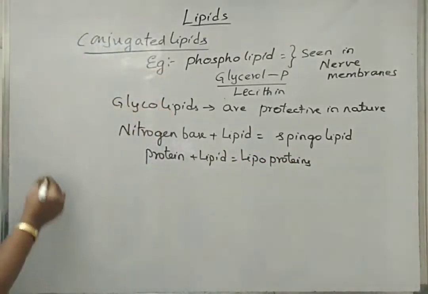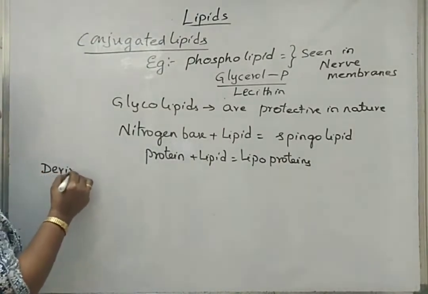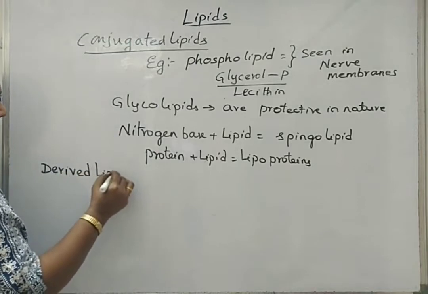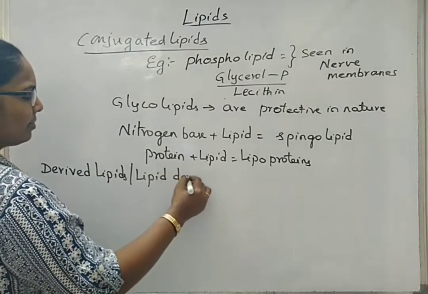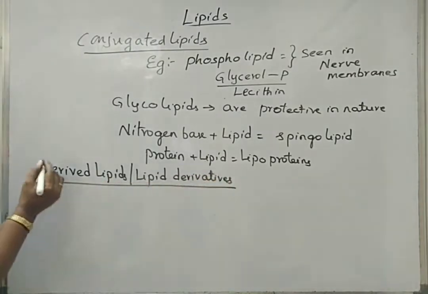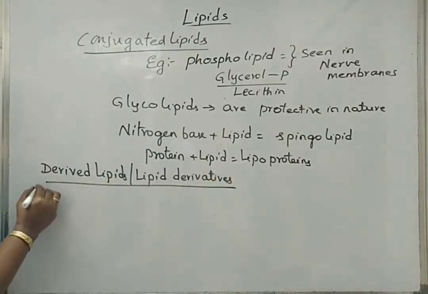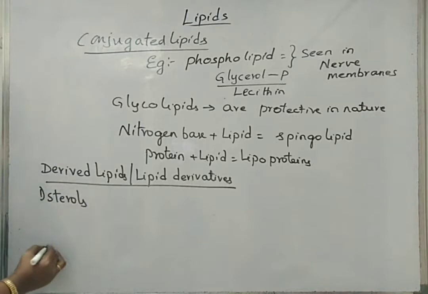Next topic we can take is derived lipids or lipid derivatives. Here there are two examples. One is sterols. The second one is terpenes.